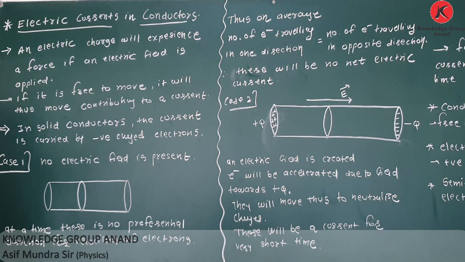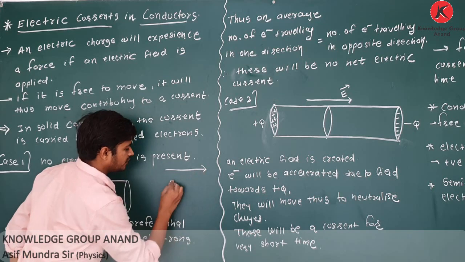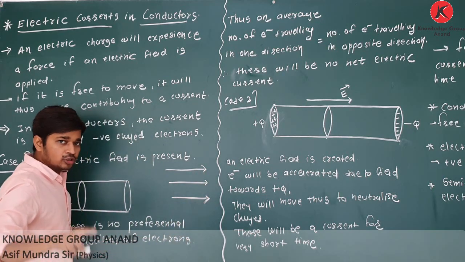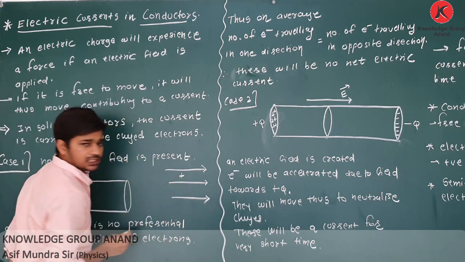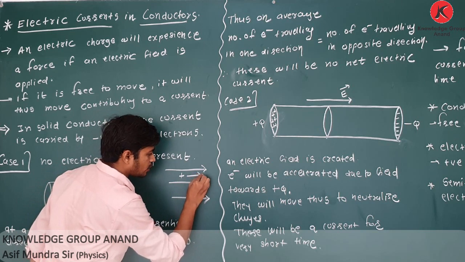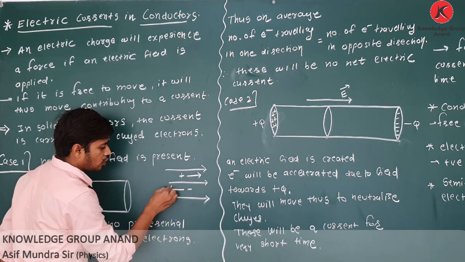Yes, you know one concept. An electric charge will experience a force if an electric field is applied. If the electric field is in this direction, the force acting on a positive charge is in the direction of the electric field, and the force acting on a negative charge is in the opposite direction.